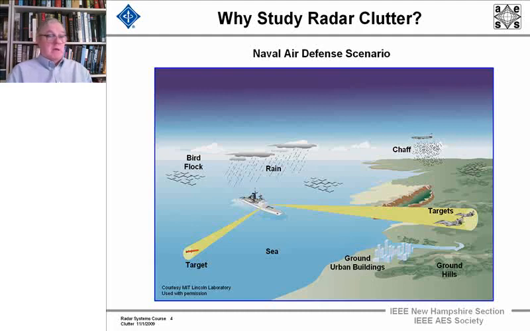Urban, it could be farmland, forested areas, marshy areas, built-up cities, suburban areas, deserts, very high mountains. So there's all kinds of different kinds of ground clutter. And this is just an overview of all the different kinds of clutter that there are, and you can just see, wow, there's a lot.